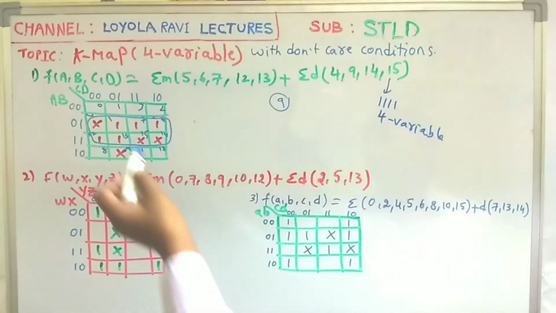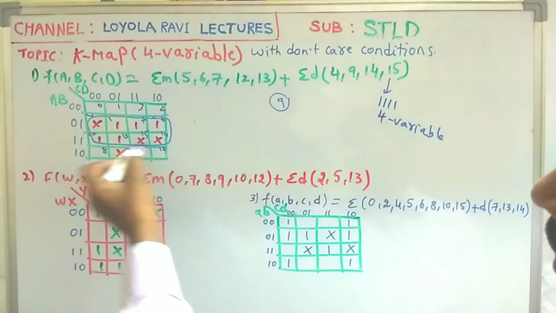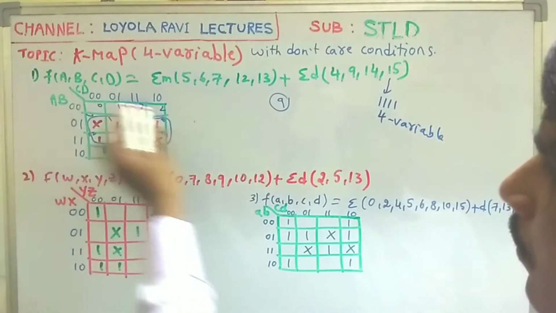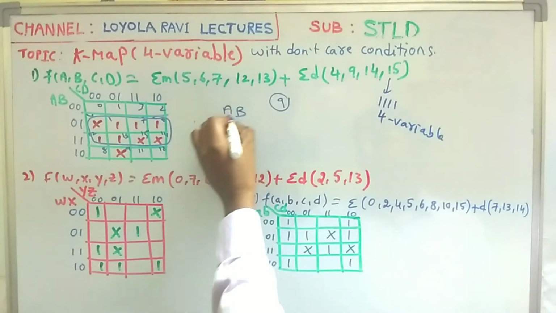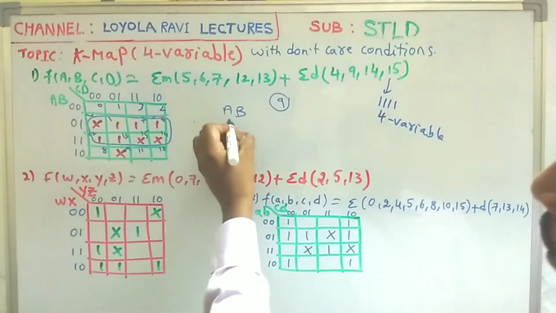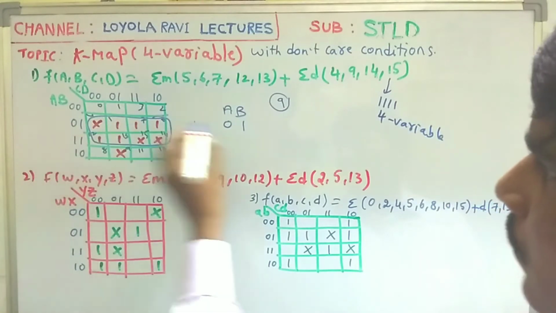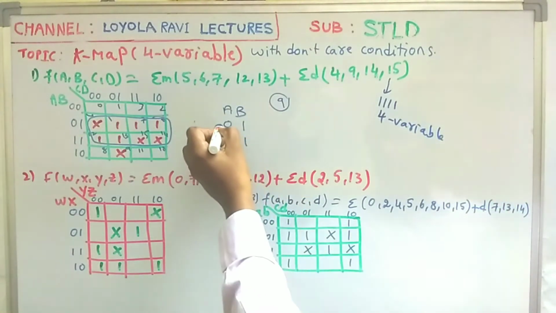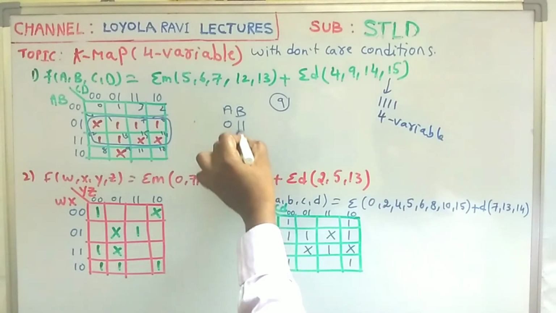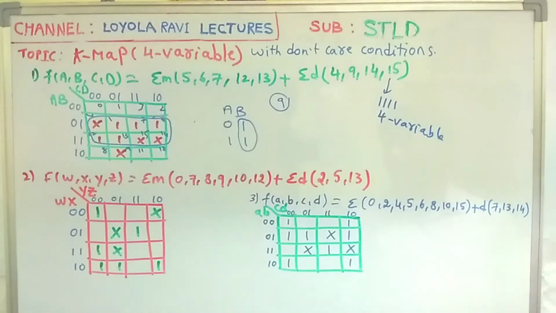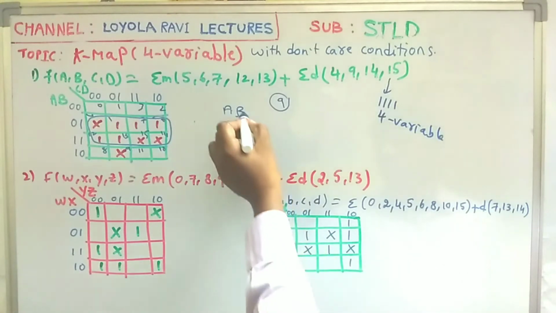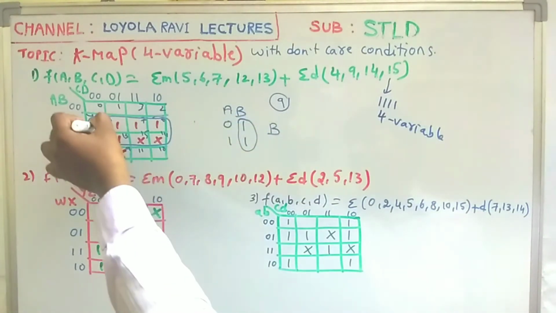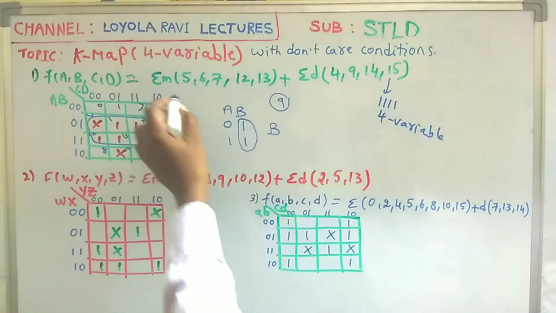Is it okay? Then check horizontal and vertical. Horizontally we have 0, 1, 1, 1, and the variables are AB. One line is 0, 1 and the second horizontal line is 1, 1. In those, which one is common? Here is 0, here is 1, so that is not common. 1 is common, and that variable belongs to B. That's why B. Then check the columns 0, 0, 0, 1, 1, 1, 1, 0.